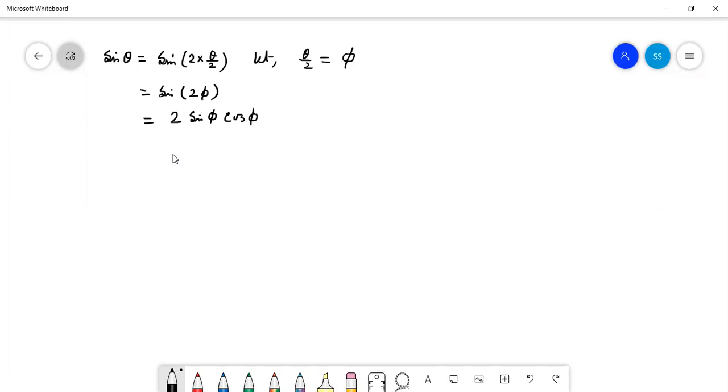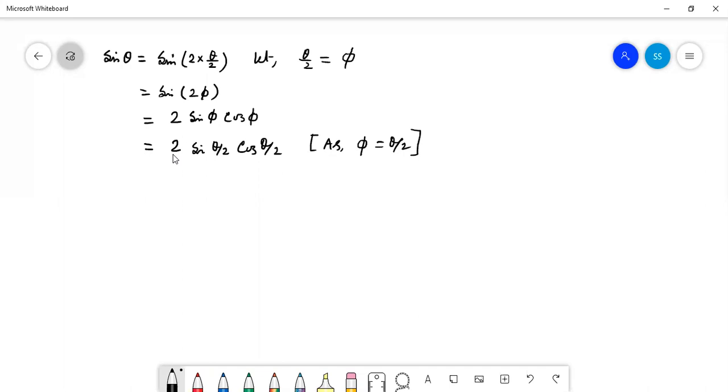Yes, sir. Now putting the value of phi, we get 2 sin theta by 2 into cos theta by 2, as phi equals theta by 2.